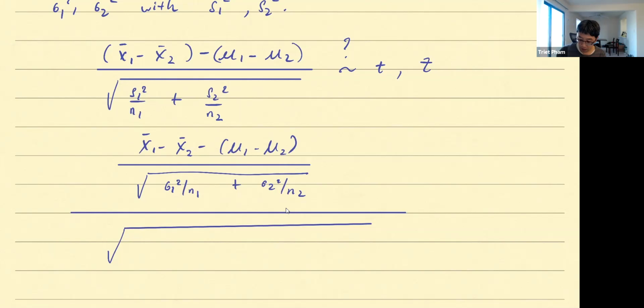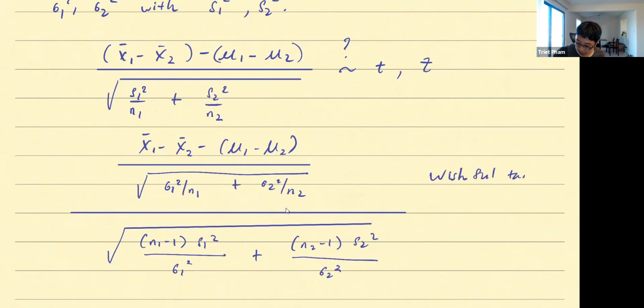Because to have it, remember that you must have something like n1 minus 1 s1 square over sigma 1 square, and then n2 minus 1 s2 square over sigma 2 square. This is our wish for target.